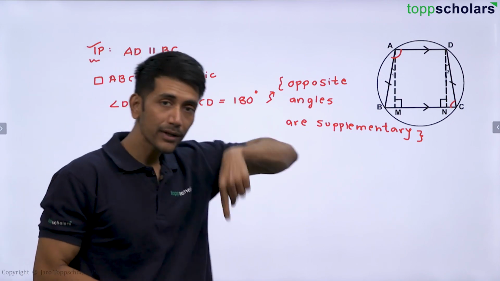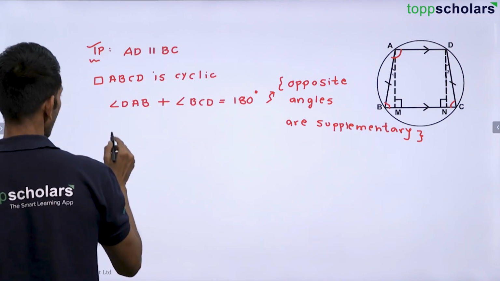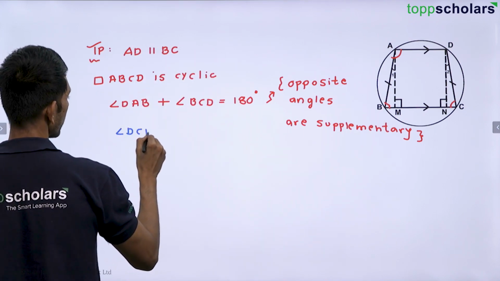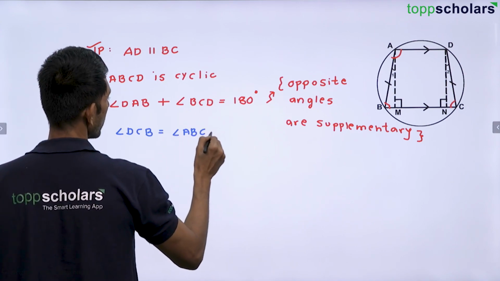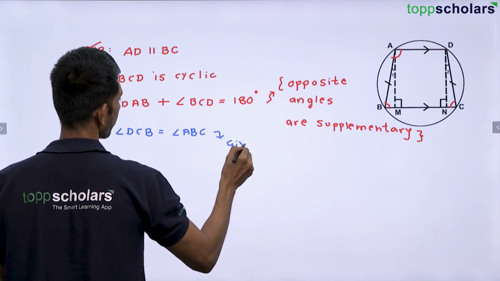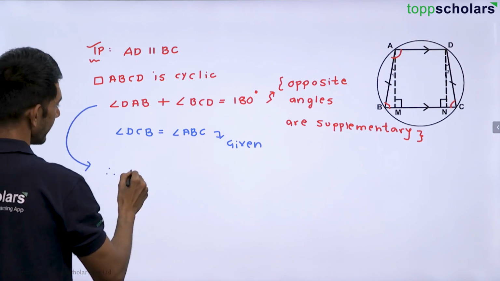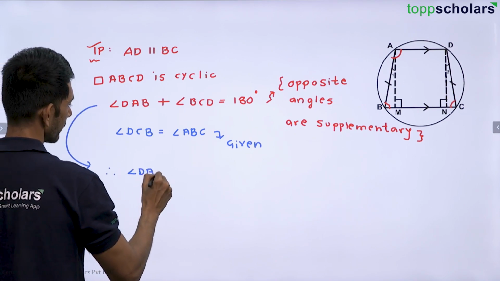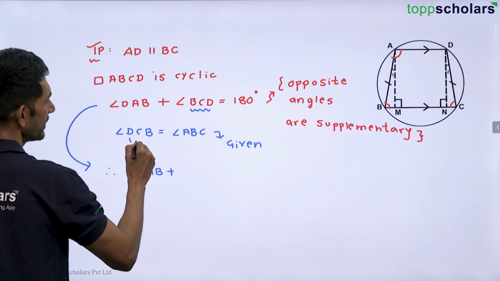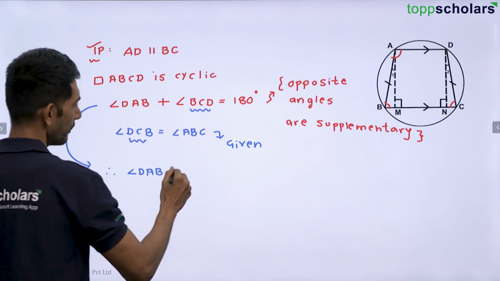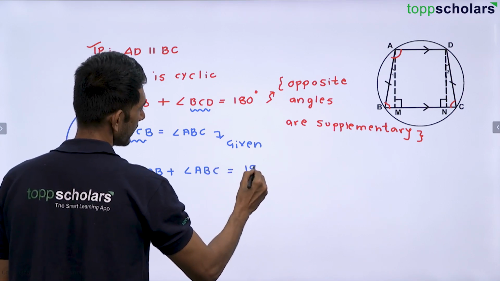But tell me one thing, it is already given that this angle C is equal to this angle B. So firstly, can I write down angle DCB is equal to angle ABC is already given. Therefore, from here I can say angle DAB plus, instead of BCD, this is BCD, same thing, plus angle ABC is equal to 180.